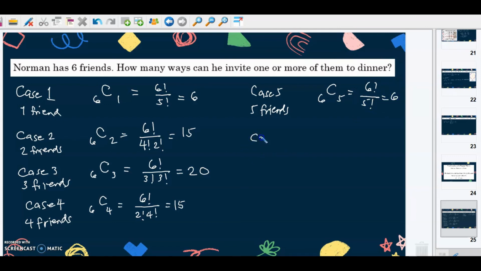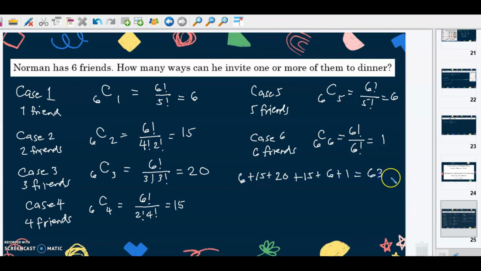And lastly, the case where he invites all 6 friends. That is the combination of 6 taken 6, which is 6 factorial over 6 factorial, equivalent to 1. Since all of these cases are different from each other, we simply add the ways for every case. So we have 6 plus 15 plus 20 plus 15 plus 6 plus 1, which gives us 63.